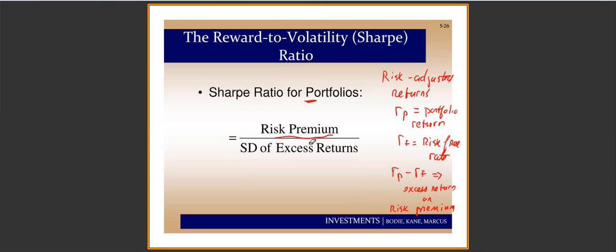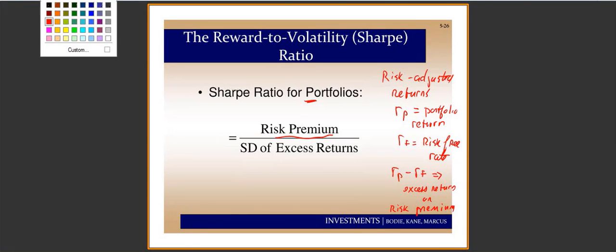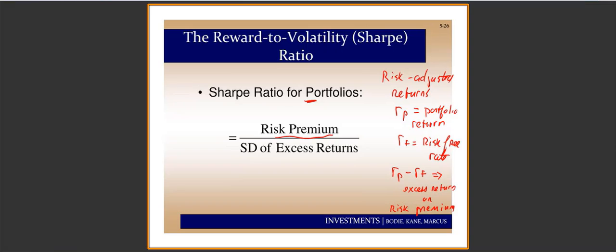So we do have in the numerator, I wish that didn't say risk premium in the numerator, and I know that's really what it is, but I prefer that it says excess return, because that's what we've got in the numerator. We've got excess return in the numerator. And in the denominator, we've got some measure of risk. So it's excess return over risk.